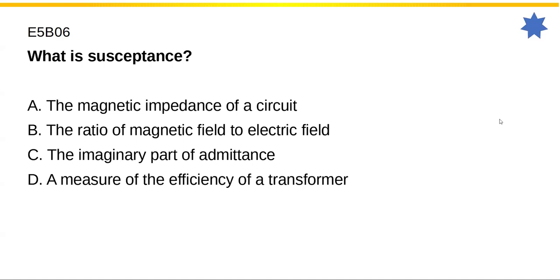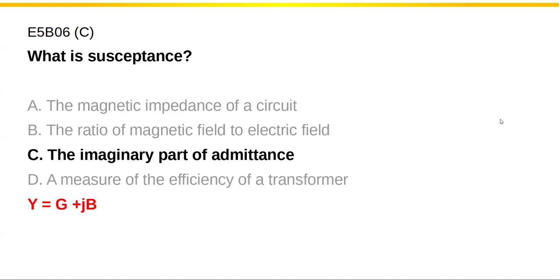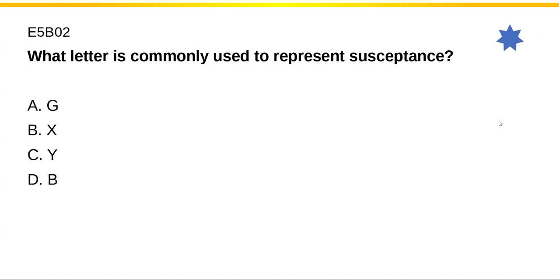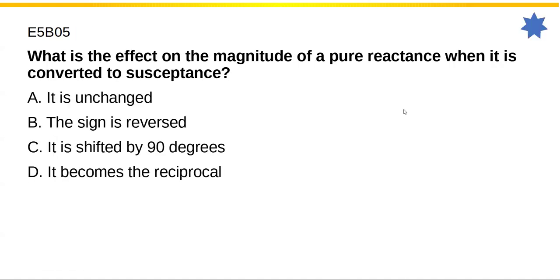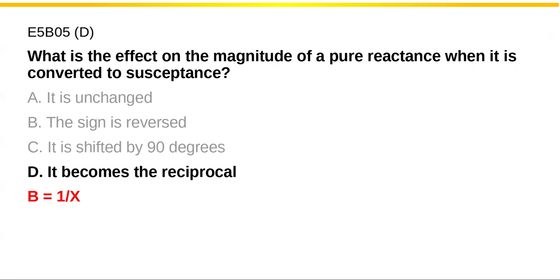Charlie. What letters are commonly used to represent susceptance? What's the effect on the magnitude of a pure reactance when it is converted to susceptance? D. Becomes a reciprocal.